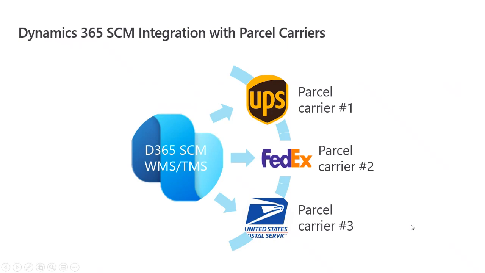Okay, so what we see prior to this feature being introduced is that oftentimes, if you've got this business scenario where you do need to ship small parcels, you'd either have to develop this integration on your own, or work with a partner or an ISV who has already developed these integrations as a pre-built solution.